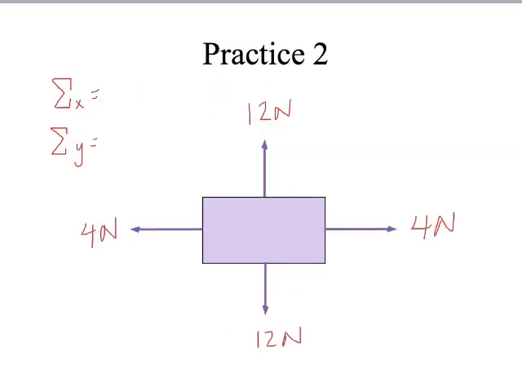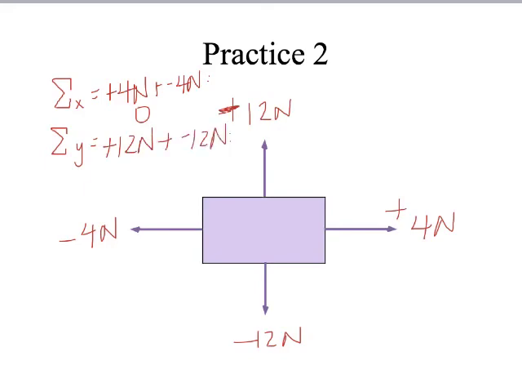Practice. So in this one, our x is going to be, so this would be positive, this would be positive, this would be negative, and that would be negative. So in our x direction, we'll have plus 4 newtons plus negative 4 newtons, which equals 0. All right, and then in our y, we have plus 12 newtons plus negative 12 newtons equals 0.